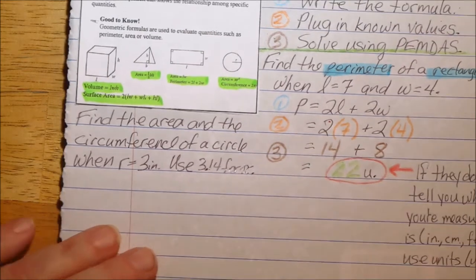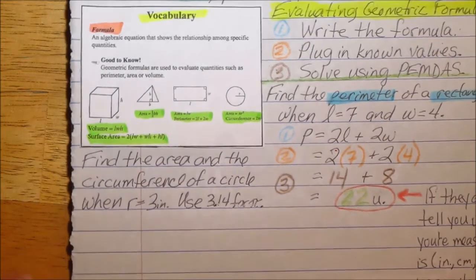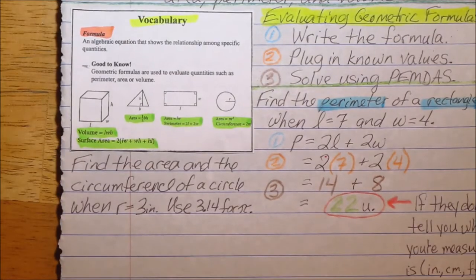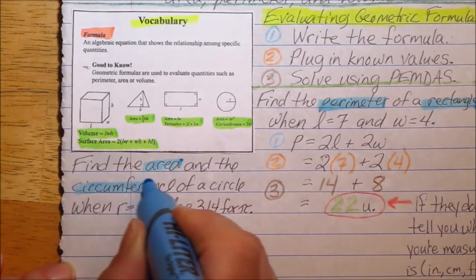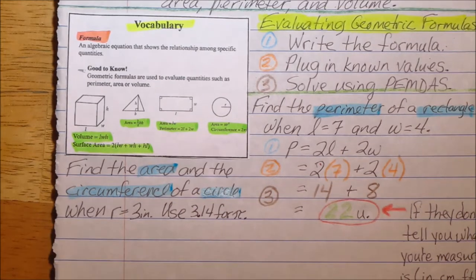All right, so this is going to be a little bit new to some of you, so let's talk about it for a second. All right, now I'm going to highlight first. What are we doing? We're doing area and circumference of a circle. All right.